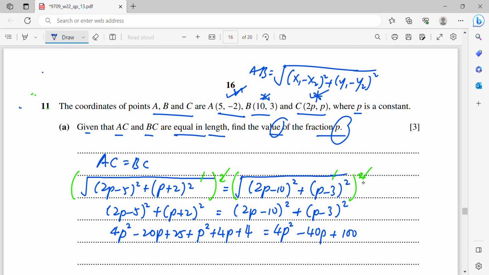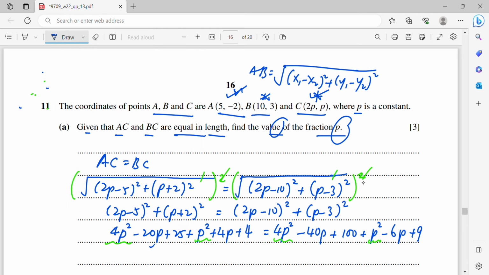Then the square of p minus 3 will be p squared minus 6p plus 9. Okay, so now we can simplify all the terms first before we move all the terms to one of the sides. You see, the 4p squared exists on both sides, so we can cancel off. The p squared also, on both sides. Alright, then the rest you need to simplify.